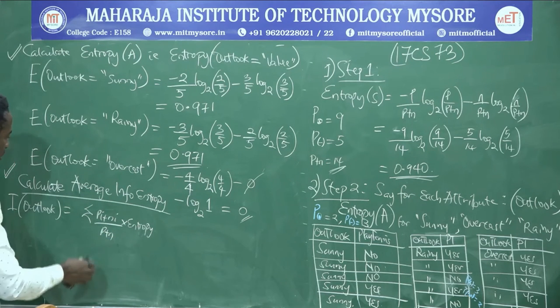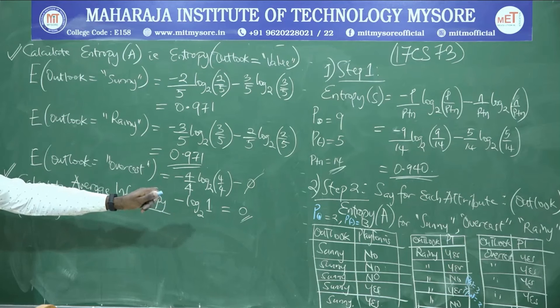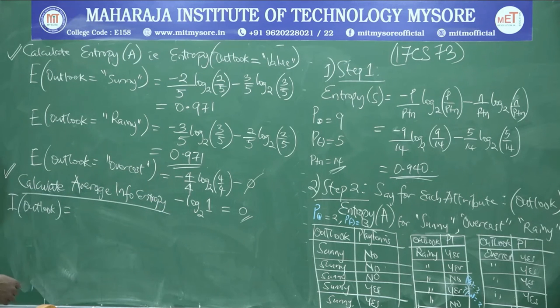So we have to expand this now. Let's expand this formula. This becomes P of what now? Sunny, rainy, and overcast, right? So we are adding them. That is summation.